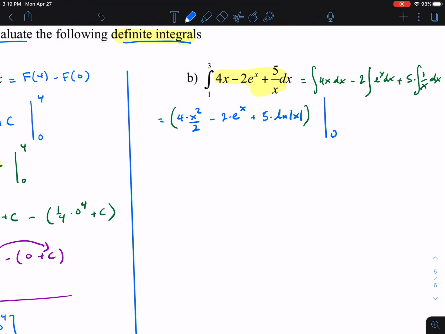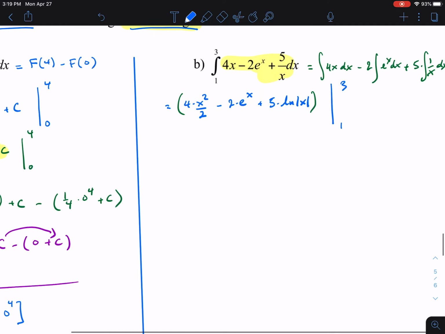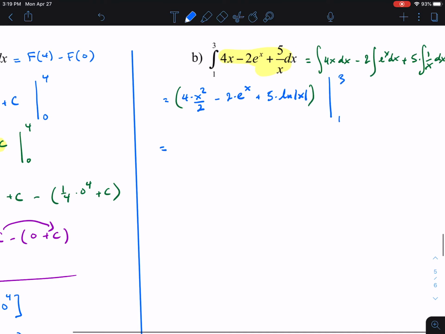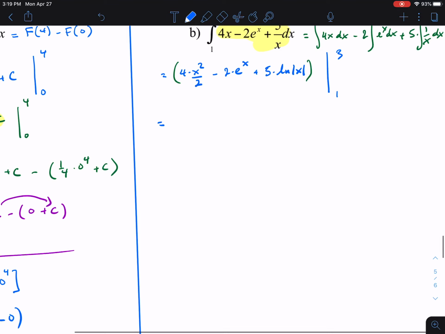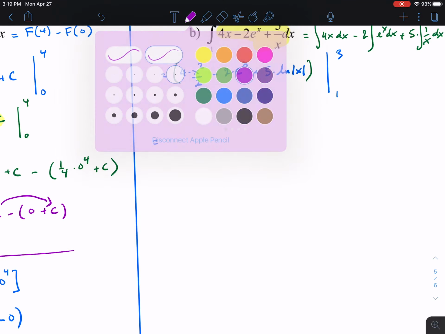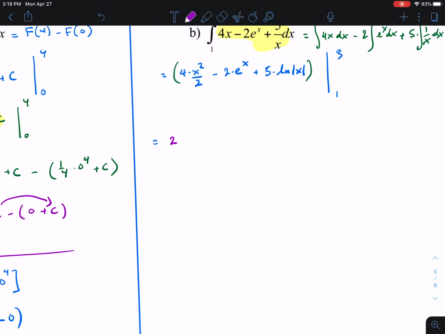So that's going to be from 1 to 3. All right. So now, 4 divided by 2 is going to be 2. What I'm going to do here is write one long line. Maybe I just need to skip some space here and use a different color. I'm going to do 2 times 3 squared minus 2 times e squared plus 5 times natural log of 3.